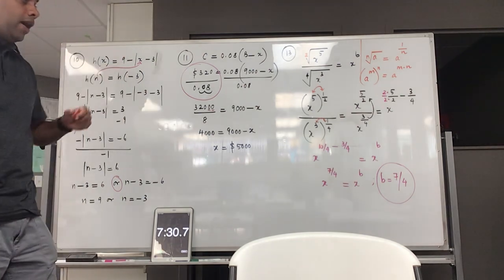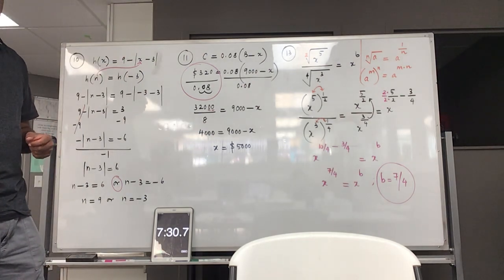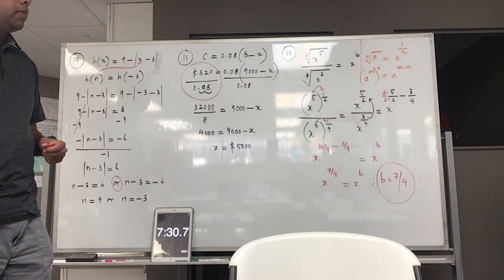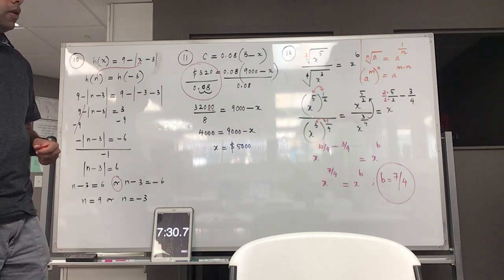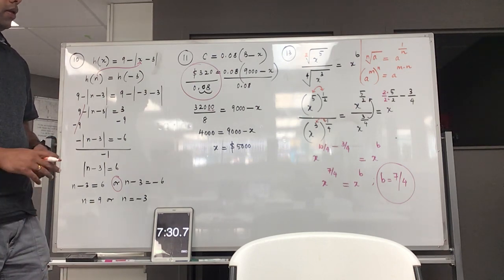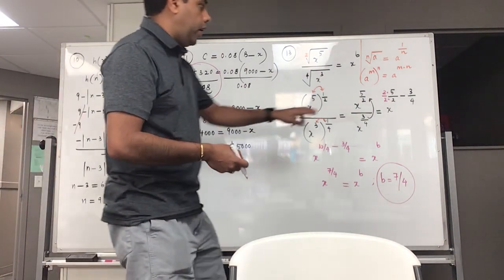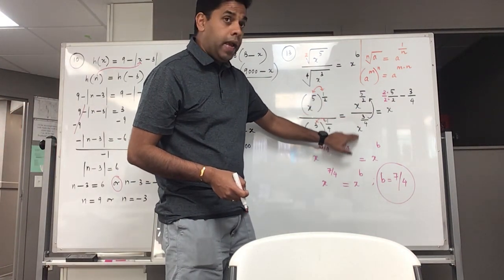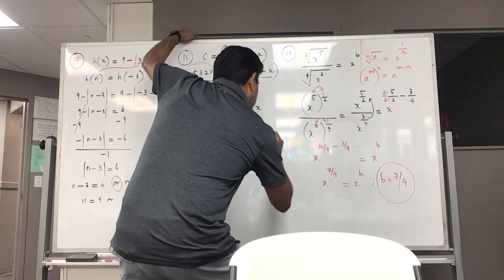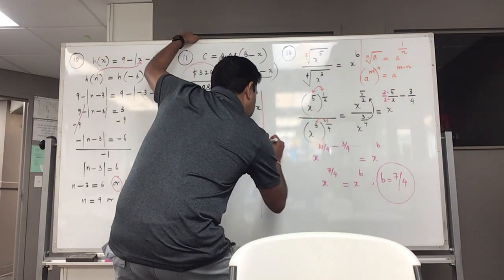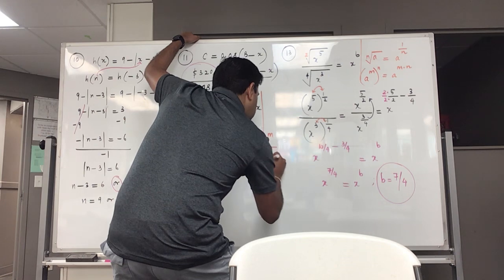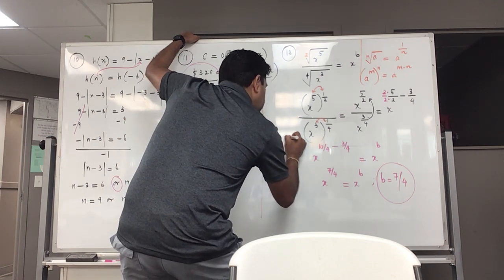So x raised to 5 halves divided by x raised to 3/4. Then you have a raised to m divided by a raised to n. The formula you have to use here is a raised to m divided by a raised to n is a raised to m minus n.